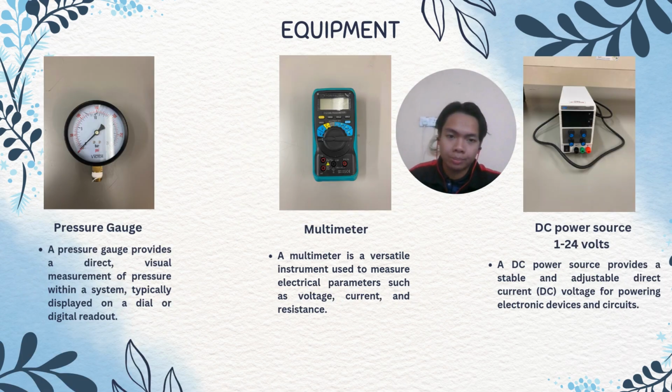Okay, for the next equipment, we got pressure gauge. So pressure gauge is used to provide a direct visual measurement of pressure within a system, typically displayed on a dial or digital record.